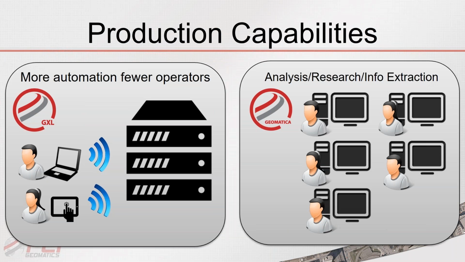In terms of production capability, there are a few different ways in which you can achieve higher levels of production. On the left, we see a scenario where perhaps we have more expensive labor resources, and we choose to take advantage of compute power to achieve high throughputs.